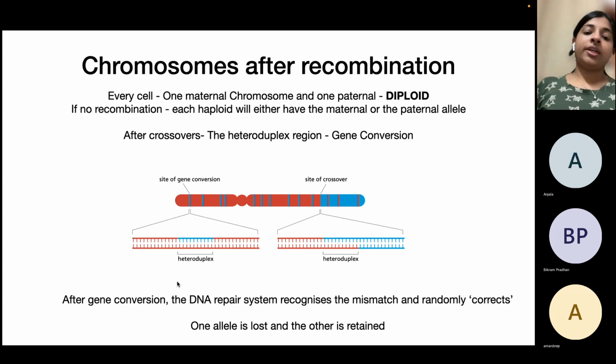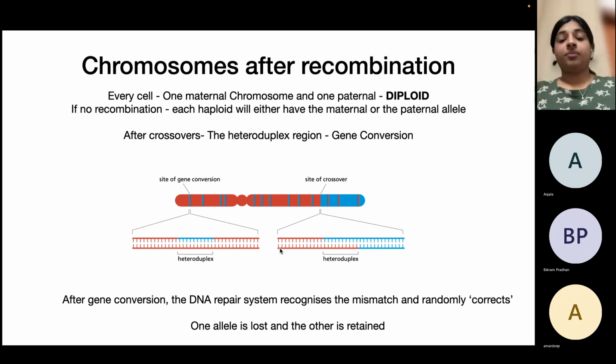So DNA repair protein will be recruited to these chromosomes with the heteroduplex region, and it randomly corrects. It will not be able to differentiate between what is maternal and what is paternal, what was the original one. It will just take one as a template and resynthesize the other. So in this random event, one allele is completely lost and the other one is retained, which will later be transferred to the daughter cell.